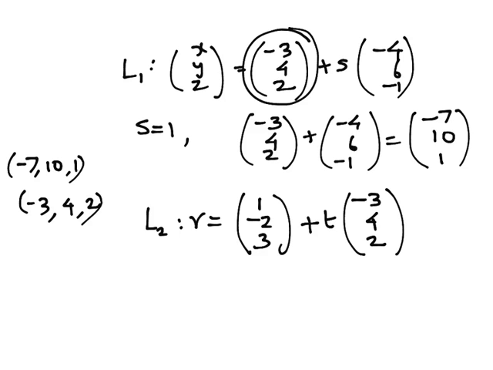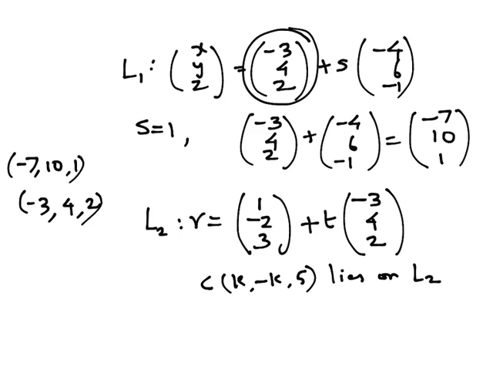Now it's given that the point C, which is k, minus k, 5, lies on L2. So find the value of k.